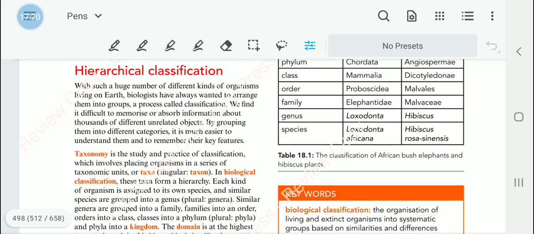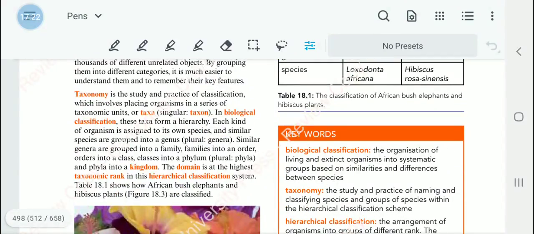So this is the basis of hierarchical classification. Then there is something called taxonomy that you need to understand. Taxonomy is the study and practice of naming and classifying species and groups of species within the hierarchical classification scheme. So when we discuss biological classification, these taxa will form a hierarchy.